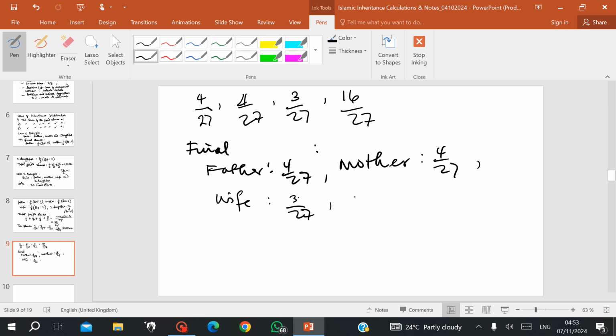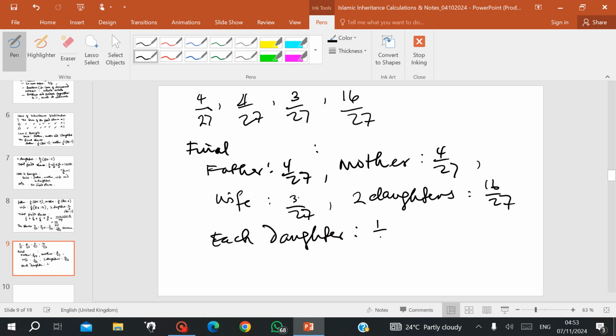And then two daughters is 16 over 27. That means each daughter will be half of that, because there are only two of them, over 27. That will be 8 over 27. If you like, I reduce the fraction and say 3 over 27 is 1 over 9. Okay, I think that is the only one you can reduce here.